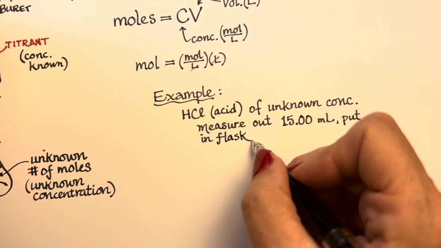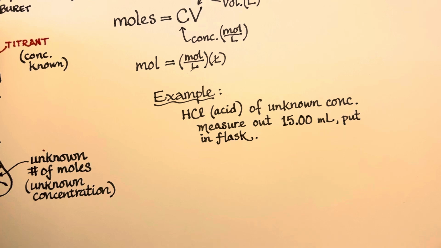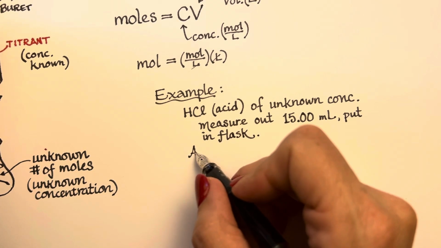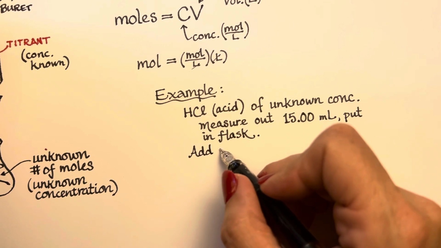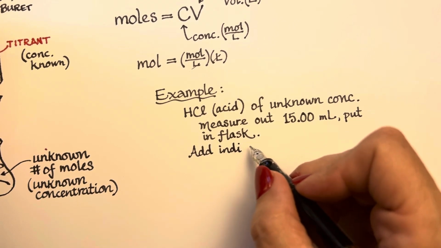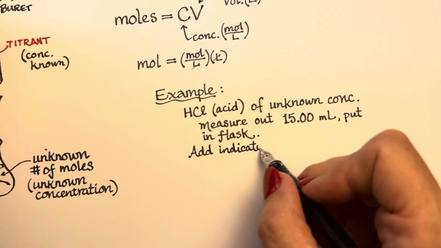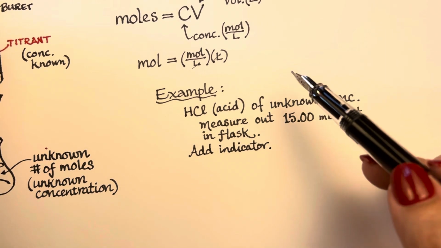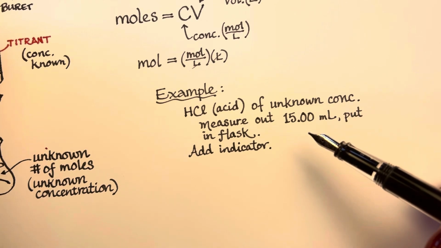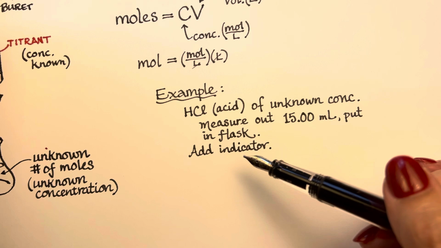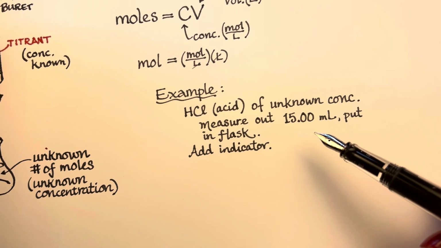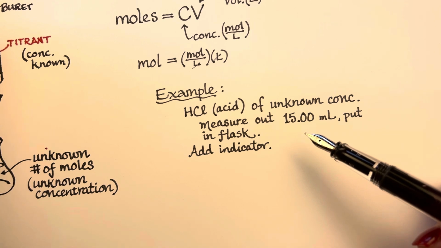Okay. And then, let's say we add indicator. A typical indicator for a strong acid-base titration would be phenolphthalein, which goes from colorless to fuchsia, a bright pink color, right around pH 8.